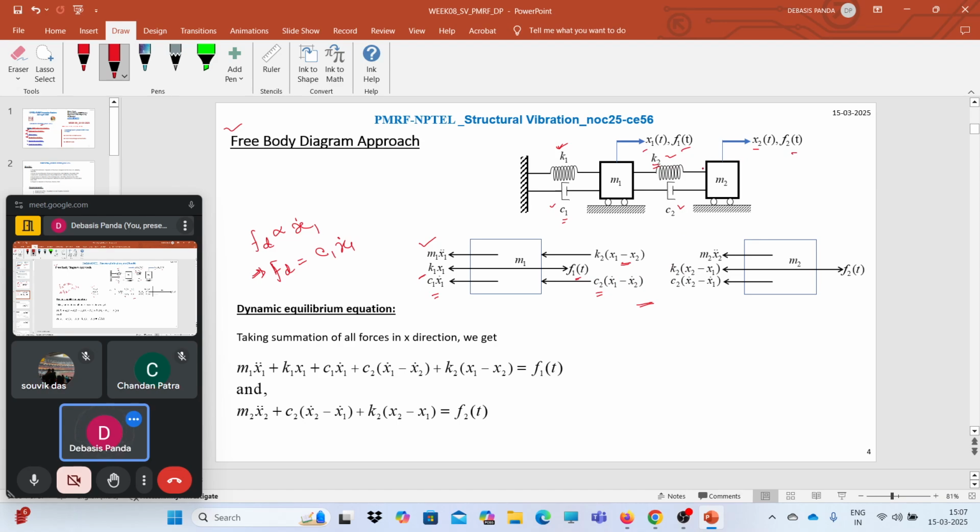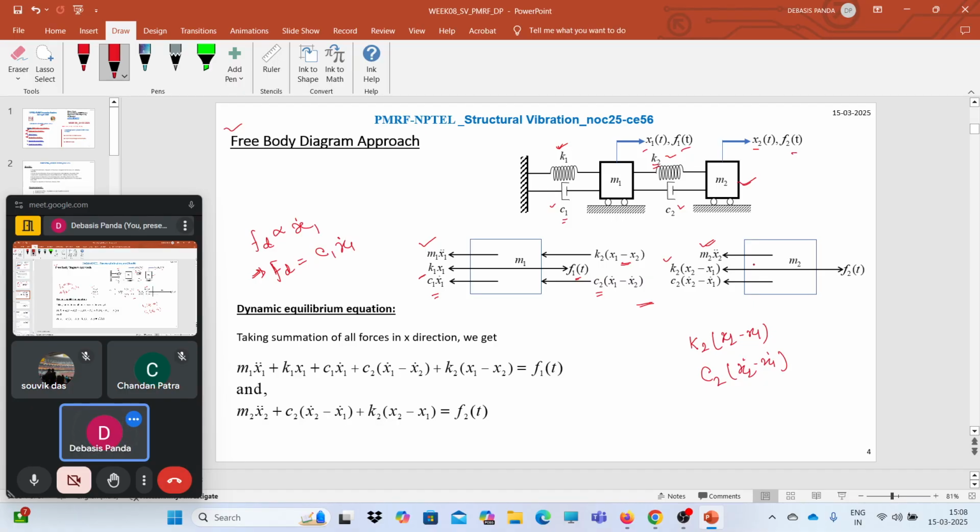On the other hand, if we want to analyze this mass m2, first we will get the inertia force m2 x2 double dot, and then again due to the relative displacement K2, at that direction we have changed the direction here, the stiffness force will be K2 into (x2 minus x1), and the damping force will be C2 into (x2 dot minus x1 dot).